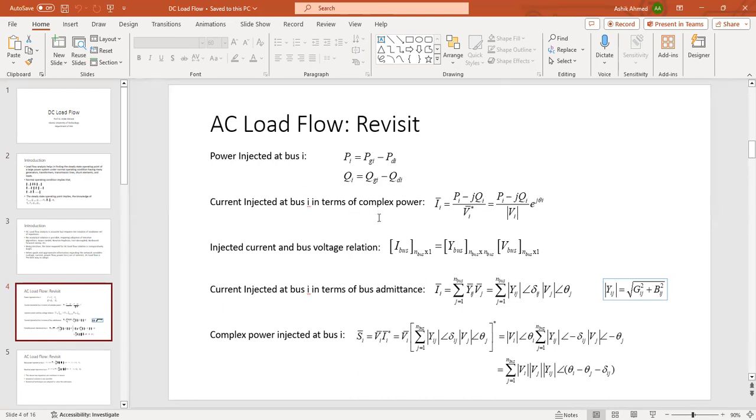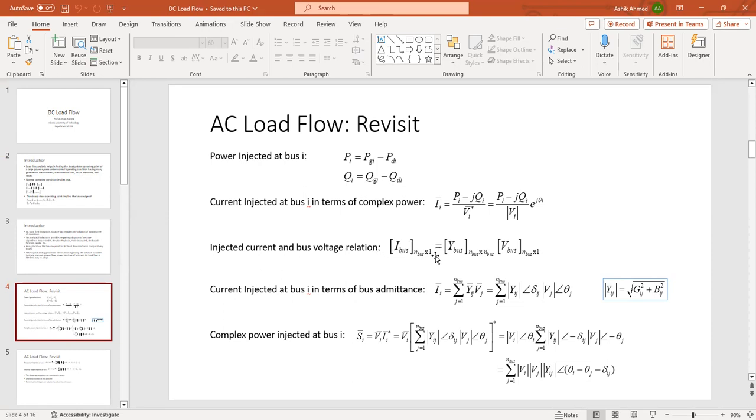Then we looked into the expression of the current phasor Ii, which is basically the conjugate of the apparent power divided by the conjugate of the voltage phasor at that bus. Then we talked about the injected current vector.